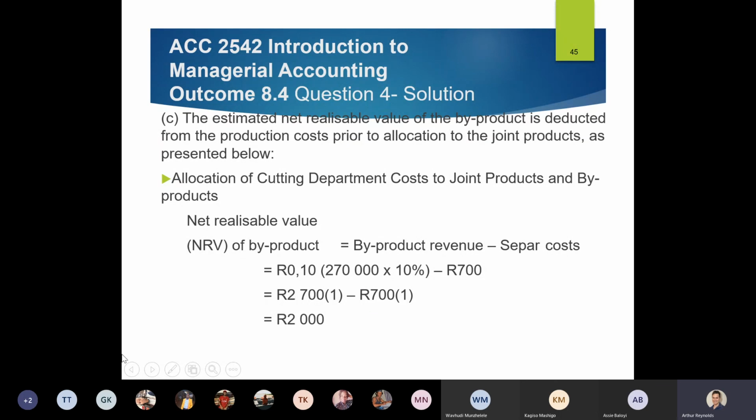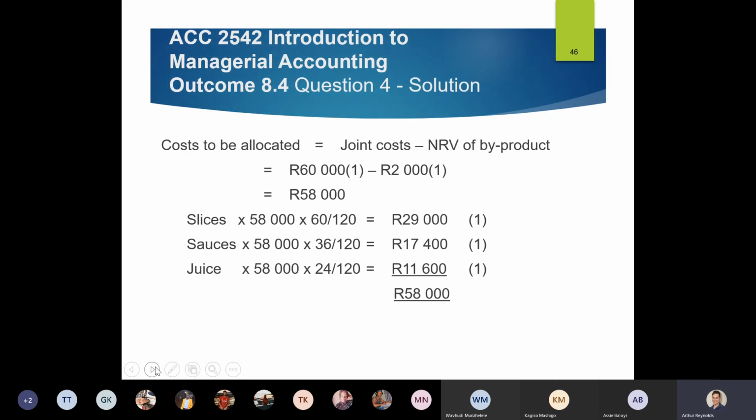We deduct 2,000 Rand from the 60 to get to a new joint cost, which is 58. To allocate it to the three joint products, half of it, 60 over 120, we assign to slices. That's 29 out of 58. It's half.